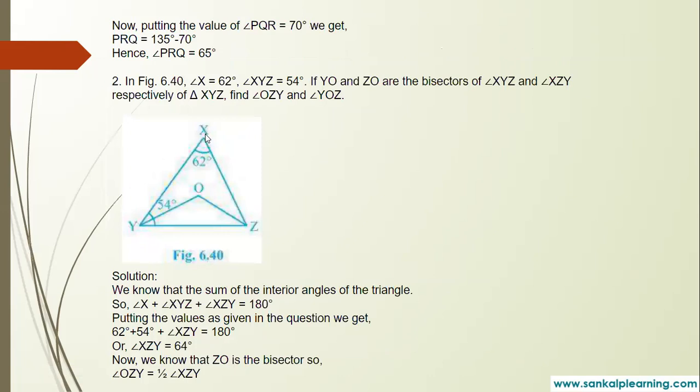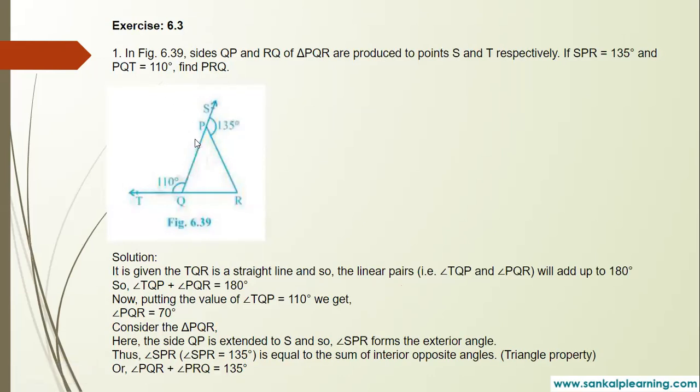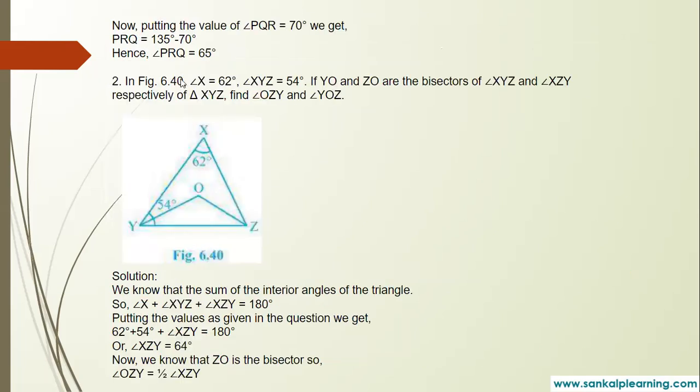So it is, sorry, 65. PRQ. You have to find PRQ. Okay, it is 70. So once you get these 2 angles, you can find R easily, right? The sum of 3 angles will be 180 degree. So the other angle is 65 degree.